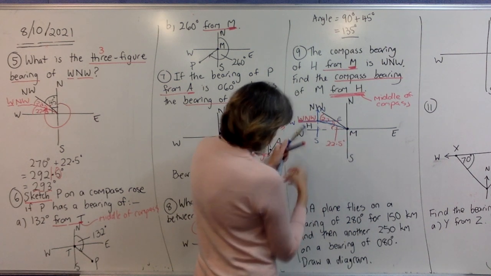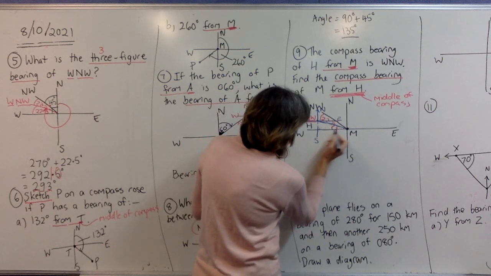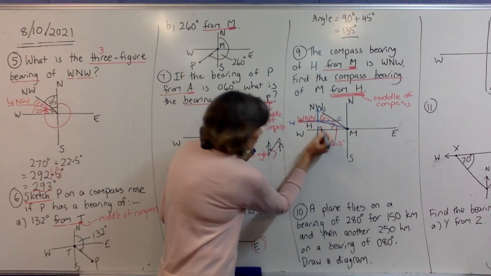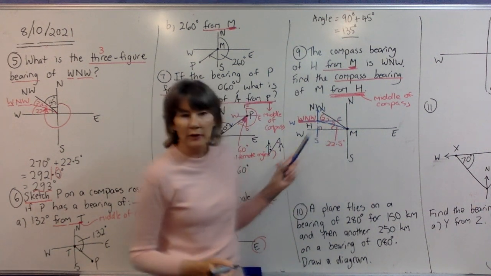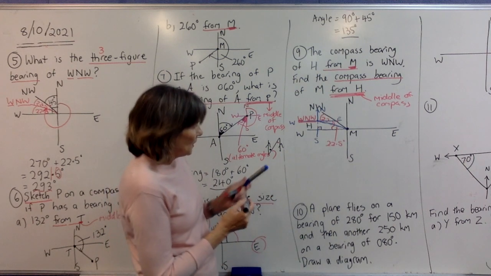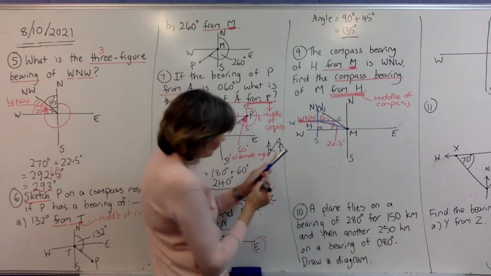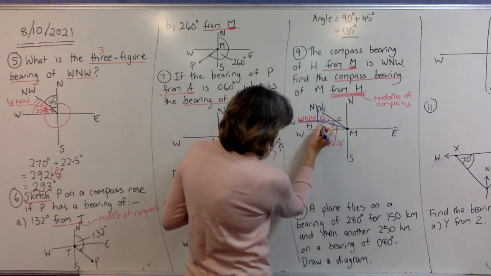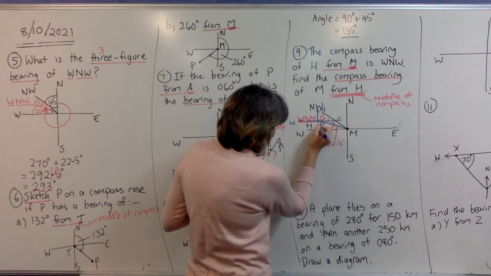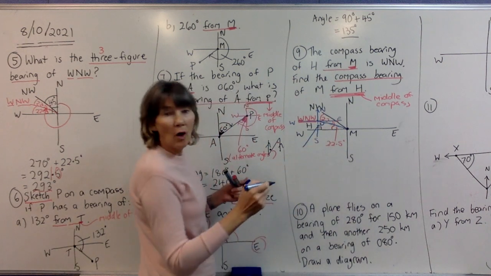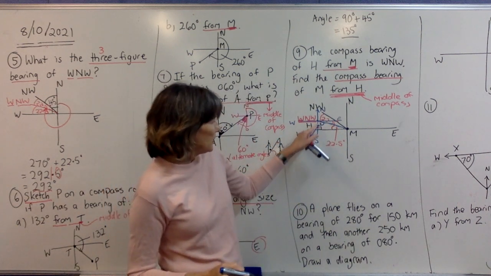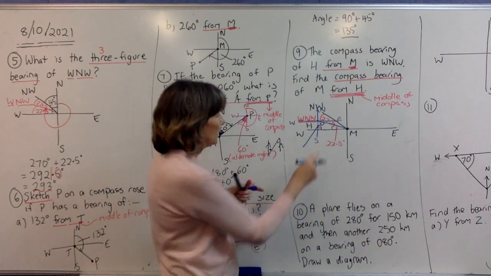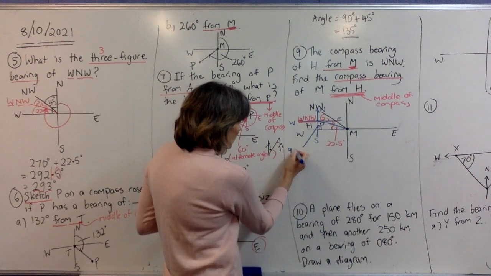Now, if you look at the rest of this diagram, we know we have a right angle in here, and that's 22.5 degrees, okay? So, if you look at it, this one up here, that little bit there, you've got 180 degrees in this little triangle here, so 180 minus 90 is 90. These two have to share 90 degrees.